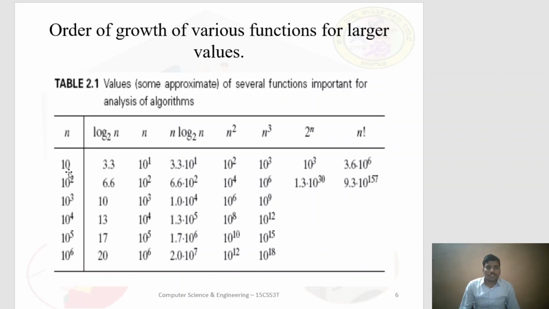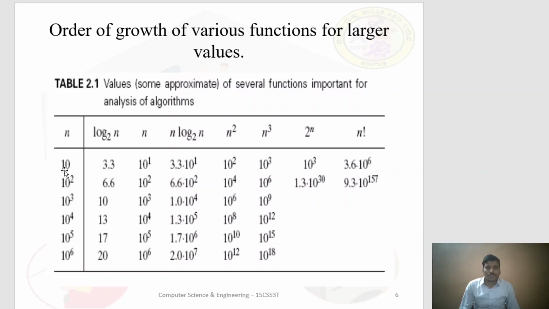So let us take the first input size, say 10. If we give 10 as an input for the logarithmic function, what is the output? 3.3. That is, output is reduced. For the second function, it is 10 to the power of 1, which is 10. And here it is 3.3 into 10 to the power of 1. And for the quadratic function, this is 10 to the power of 2, which is 100.